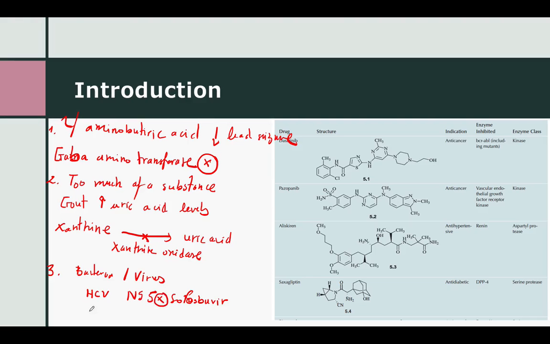And then for COVID-19, you have remdesivir, a drug that inhibits the RNA-dependent RNA polymerase of COVID-19. So those are some of the reasons why we would want to inhibit an enzyme.